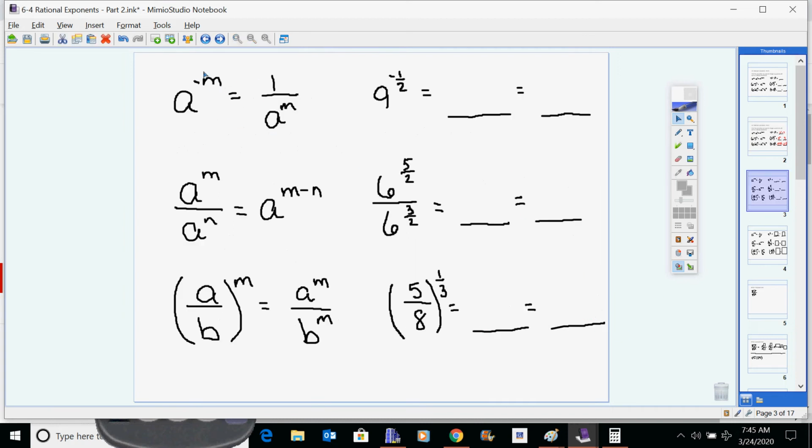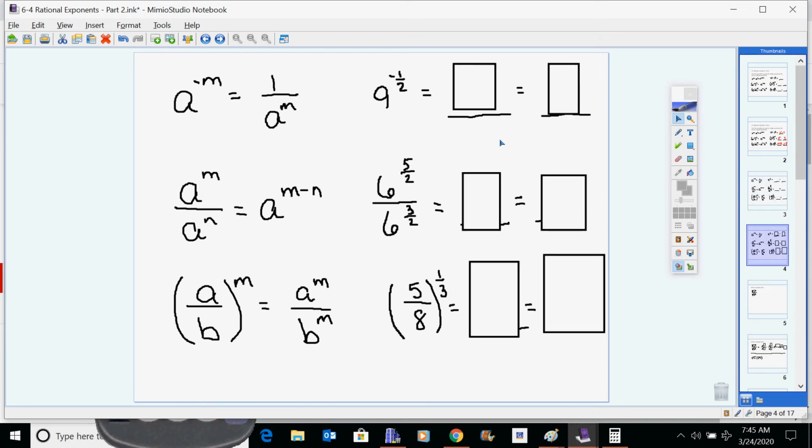Don't forget your rules for negative exponents. A negative exponent means that it's the same as 1 over that number to the power. So 1 over 9 to the 1/2 power is the same as saying 1/3, because the square root of 9 does turn out to be a 3.